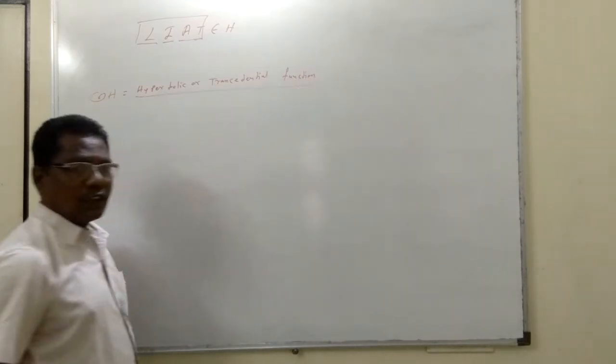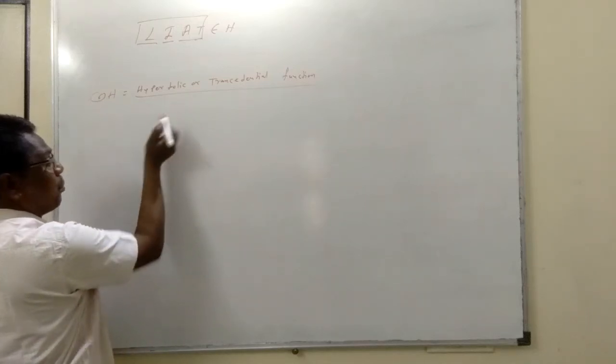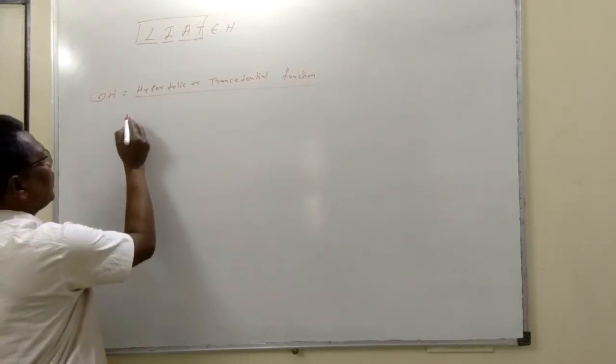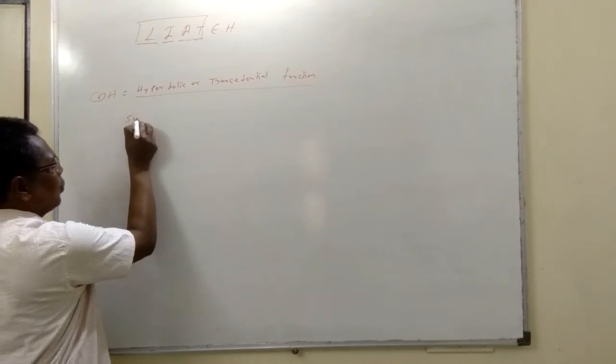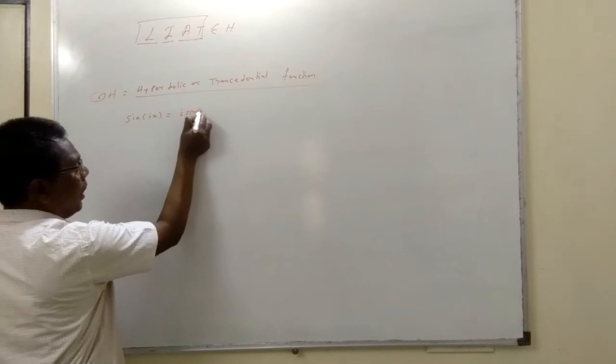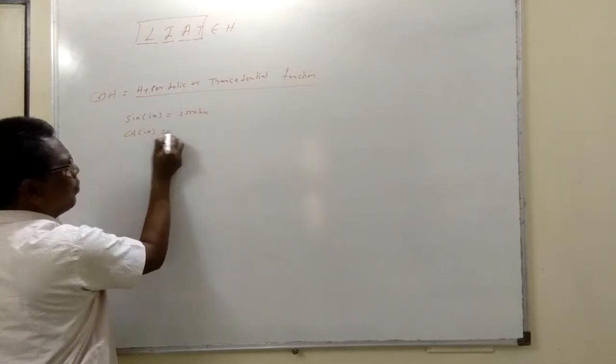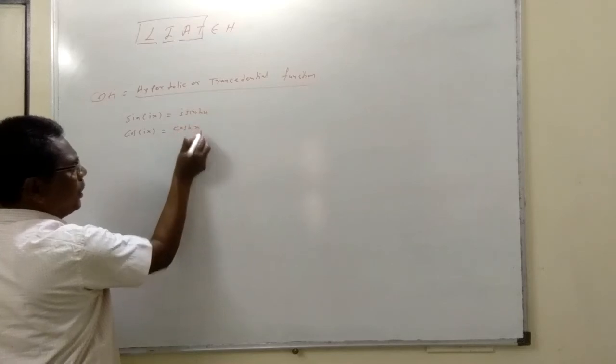Hyperbolic or transcendental function. So what is this hyperbolic or transcendental function? The angle is imaginary in a trigonometric function. So sin ix is equal to i sinh x, and cos ix is equal to cosh x.